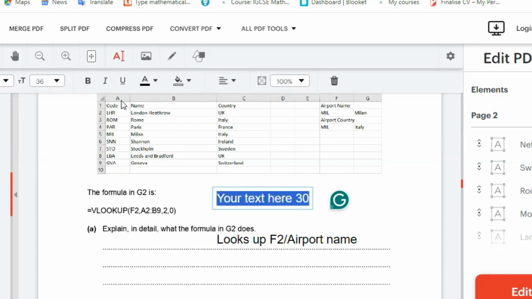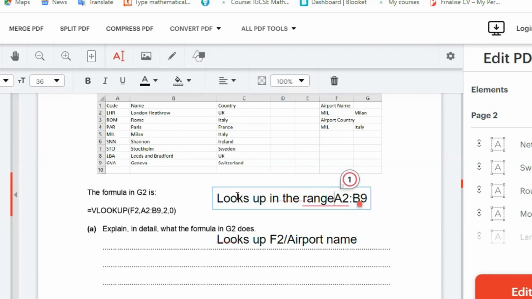Then we also have A2. It looks up in the range A2 to B9.